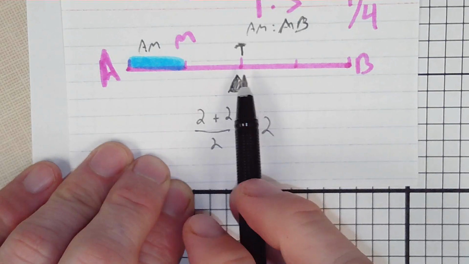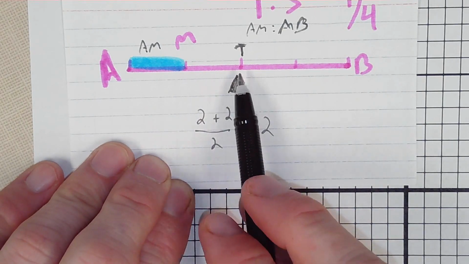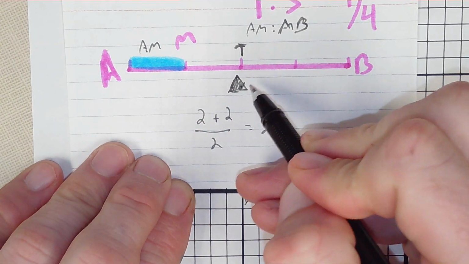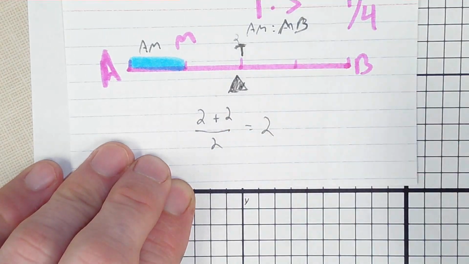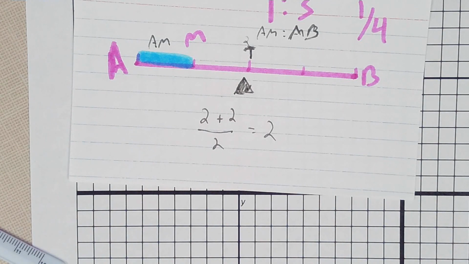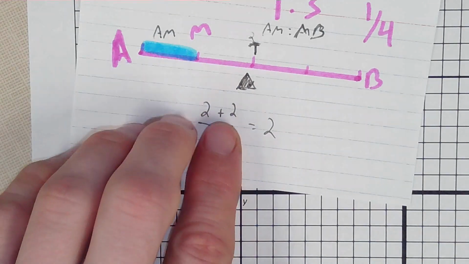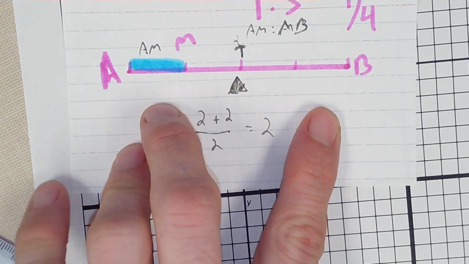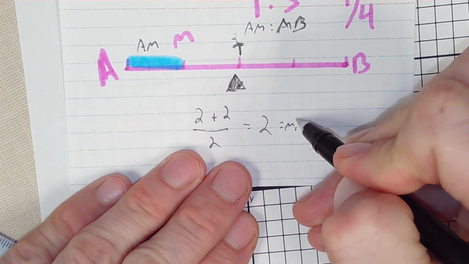Well, that makes sense. My point for point T is 2. It's my average of the 2 points, which is indeed my midpoint.